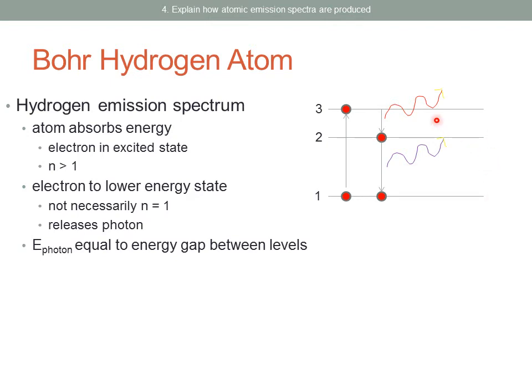Likewise, the energy of the photon given off here when the atom went from n equals 3 to n equals 2 is also equal to this gap in energy between these two levels. To summarize that, here is an equation. We can see that the energy of the photon is equal to delta E, where delta is just the difference in the energy. So that would be the final energy of the atom minus the initial energy, which is still equal to h nu.